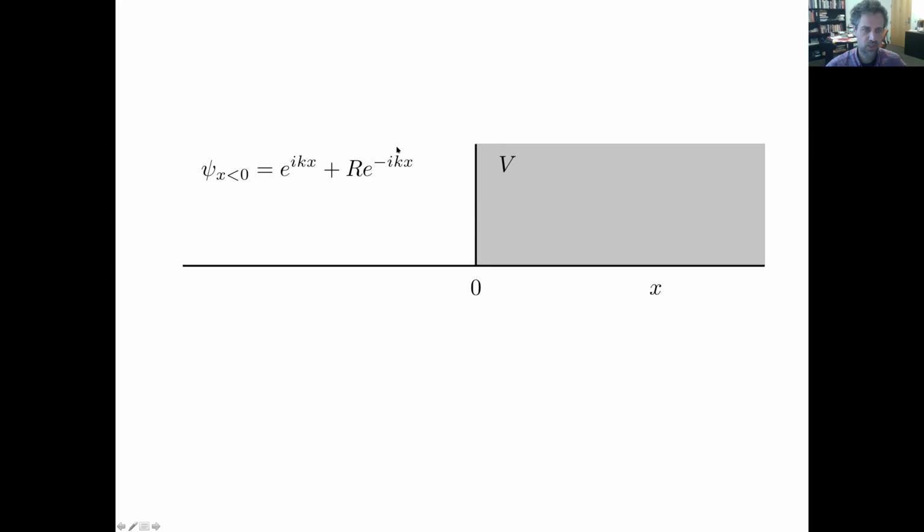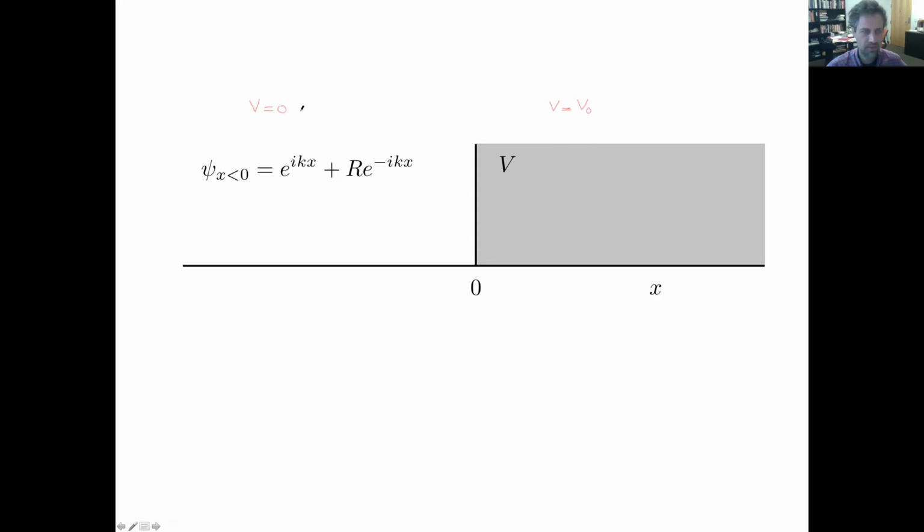So here we have a general solution of the wave function on the left-hand side. On the left-hand side, remember, V equals 0. On the right-hand side, V is an arbitrary number. Let's call it V0, V naught. So it is a finite value.